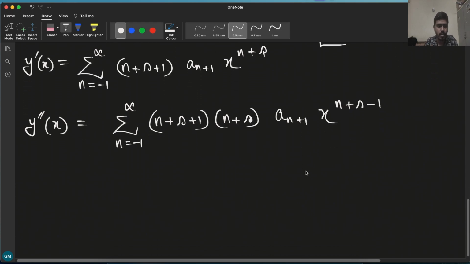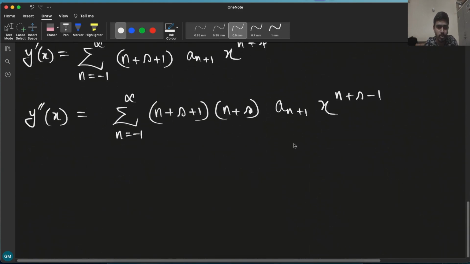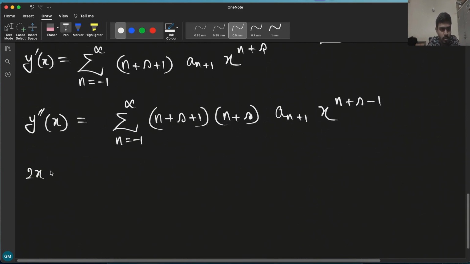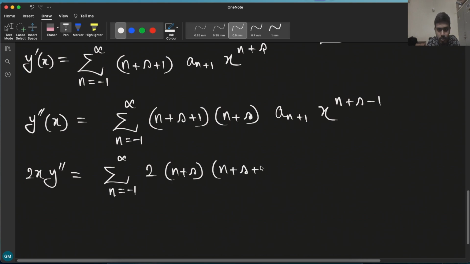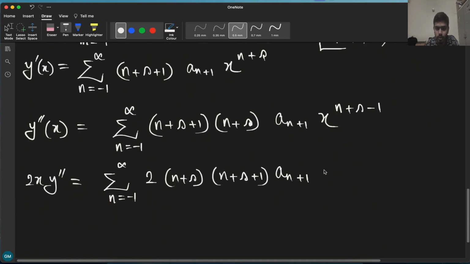Now the first term is 2x y double dash, which is the sum over n equals minus 1 to infinity of 2(n plus s)(n plus s plus 1) a_(n plus 1) x to the power n plus s.